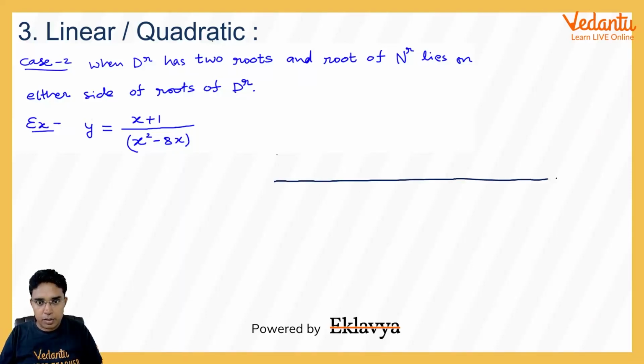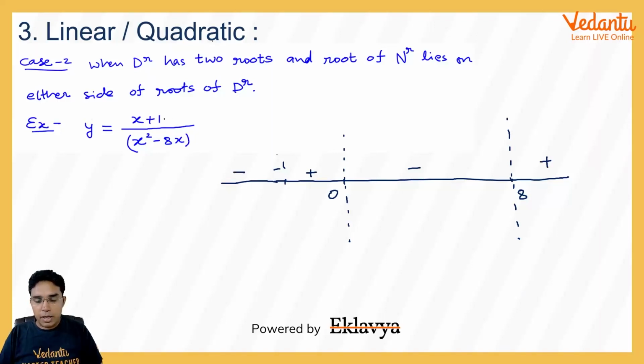So here you can check, you will have 2 roots of this denominator, 0 and 8, and minus 1 is the root of this numerator. So these 0 and 8 will be the danger lines this time. By the wavy curve method, plus on the right of 8, between 0 and 8 it will be negative, then positive between minus 1 and 0, and then negative here.